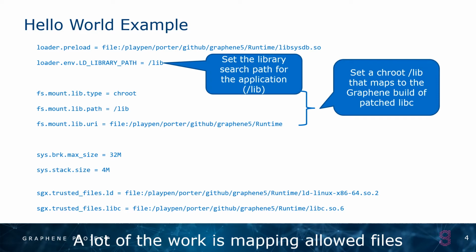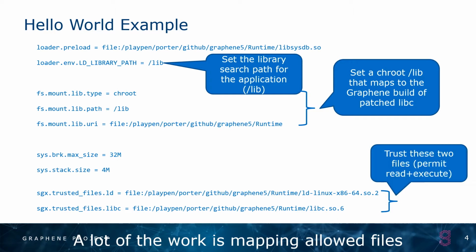These three lines under fs.mount create essentially a unioned and virtualized view of the host file system, essentially translating the build and runtime directory for my Graphene build to /lib in the enclave's view. Finally, at the bottom, I want to specify two libraries that I trust, which permits read and execution inside the enclave. A lot of the work here is about mapping allowed files.